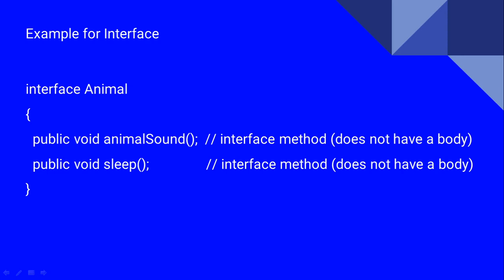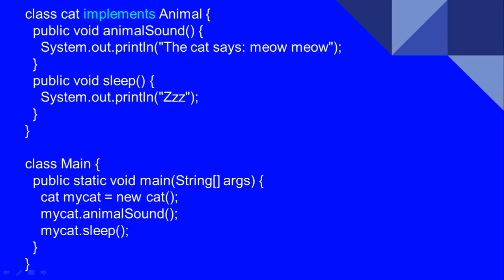So the content of the animalSound method or the sleep method is not mentioned, but only the names of the methods are mentioned, with the specifier public void, using the interface keyword.